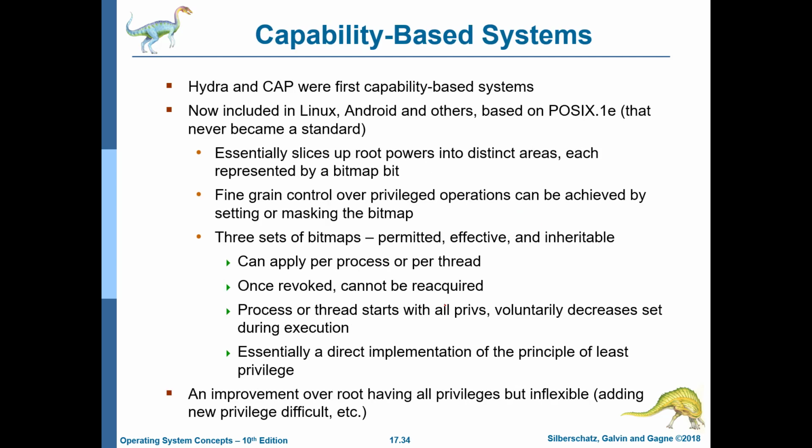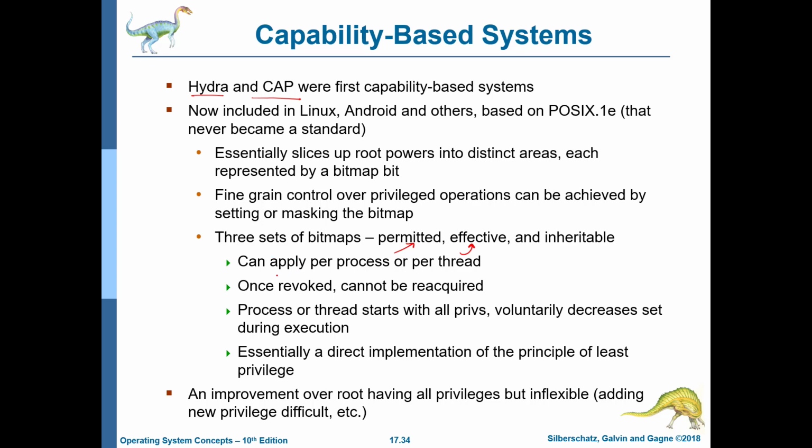Coming to capability based systems, Hydra and CAP, which were early operating systems, were capability based systems. Linux and Android have some notions of capability, even though they are primarily access list based. Basically we give fine grained control over certain privileged operations by creating bitmaps. Every process has three kinds of bitmaps: permitted, which means what all it is allowed to do; effective; and inheritable.